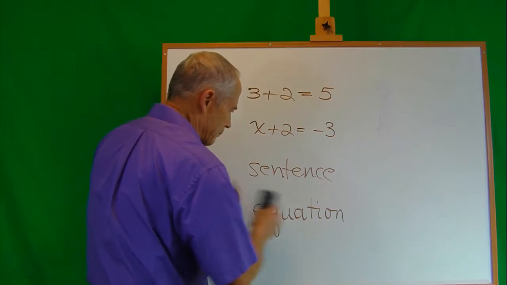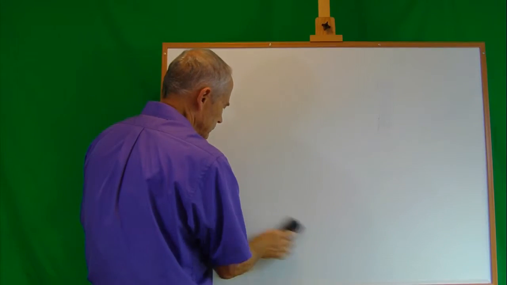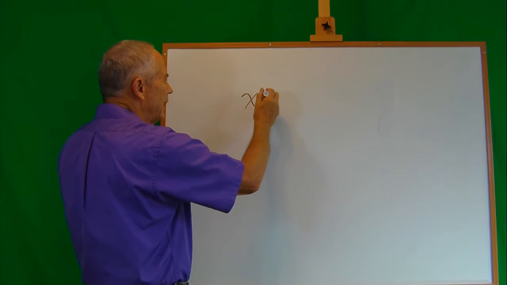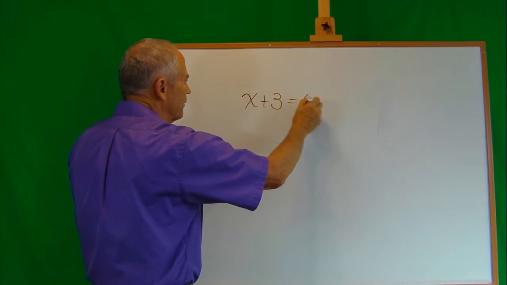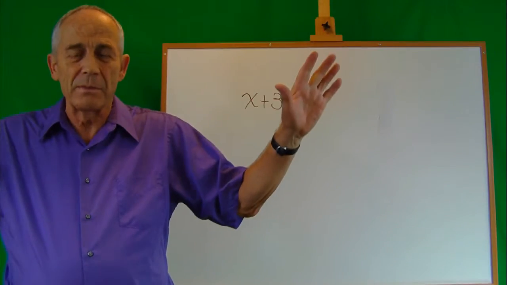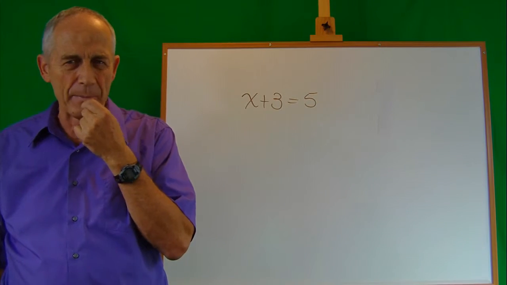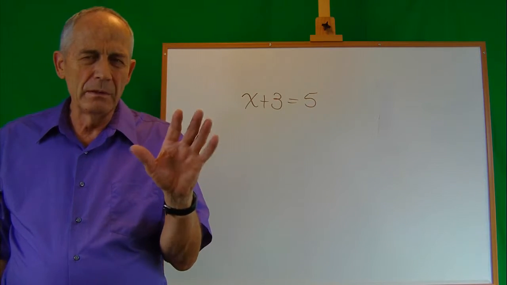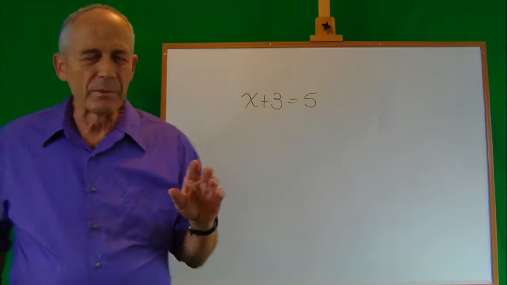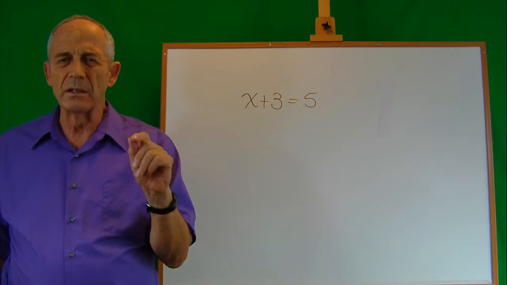Let's take an example, and we'll make it a nice simple one. Let's say I have x plus 3 equals 5. Now that says there is some number. If I add 3 to it, I get 5. So there is a complete thought there. Now, if you're, let's say, normal, and you're working with something like this, what is it that you want to know?